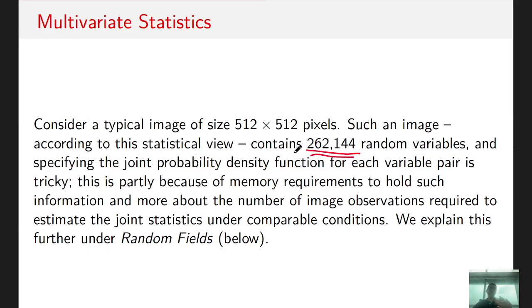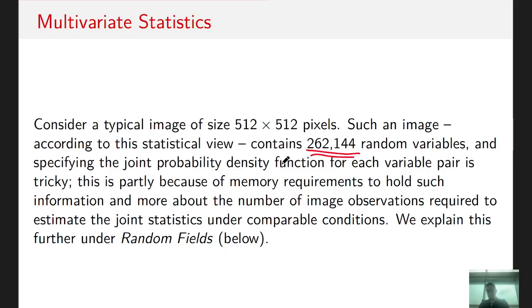If you wanted to specify a joint probability density function for all of these variables at the same time, it's a very tough problem. But nevertheless, this is something that we think about doing when we consider very large data sets of very many images, and where we can use some tricks from machine learning to try to summarize the joint density function of all variables together.